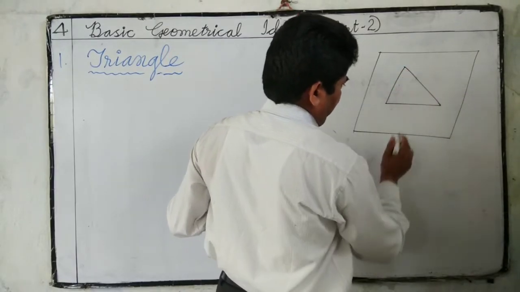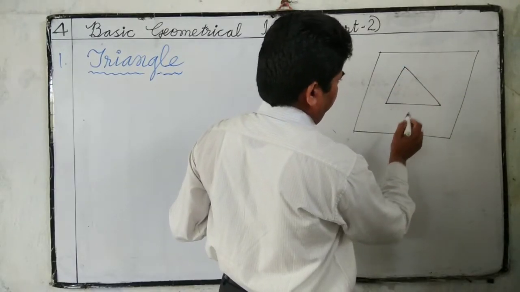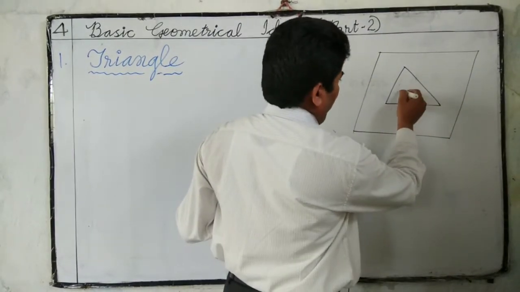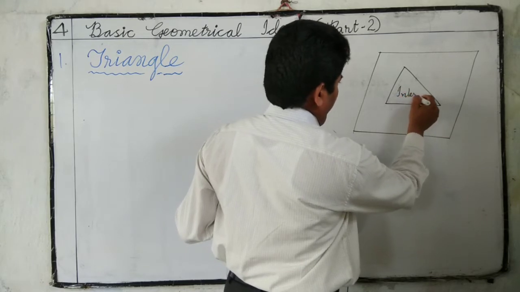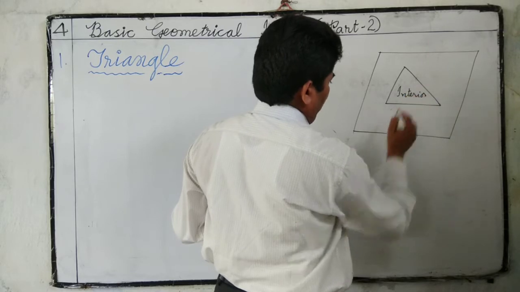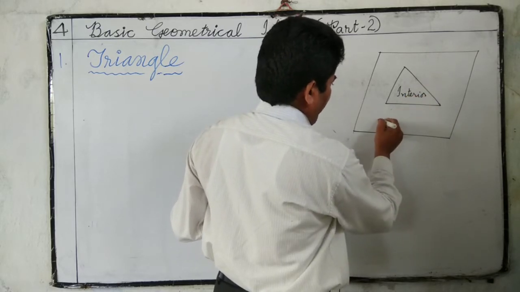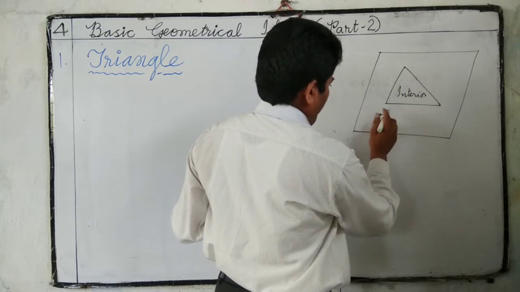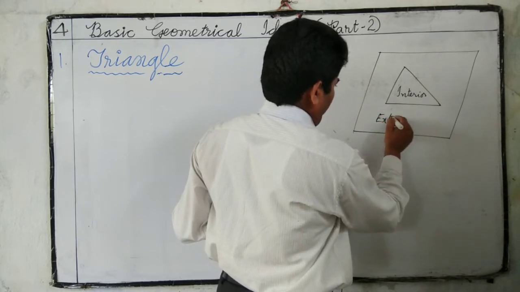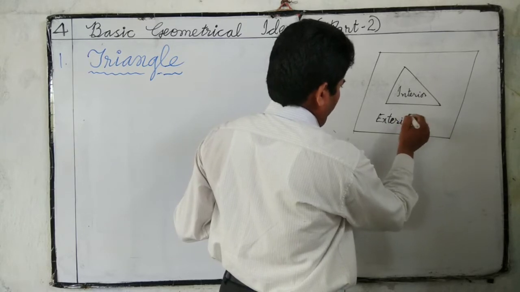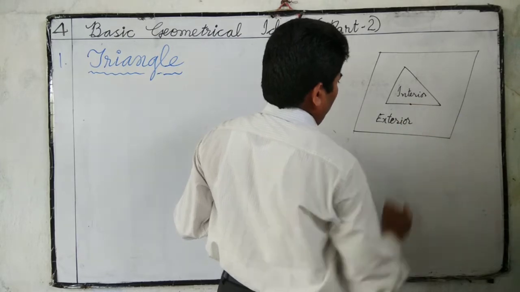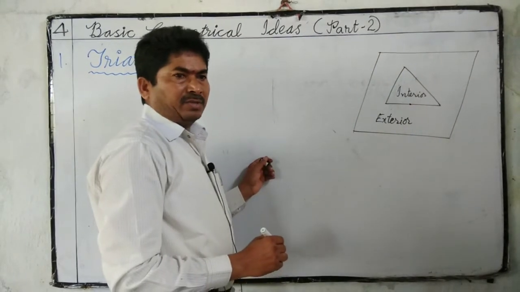It divides the plane into three parts: interior of the triangle, exterior of the triangle, boundary of the triangle.